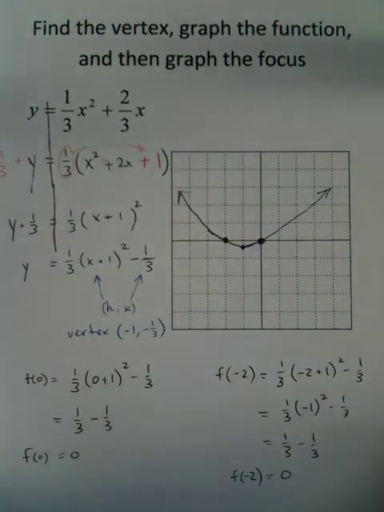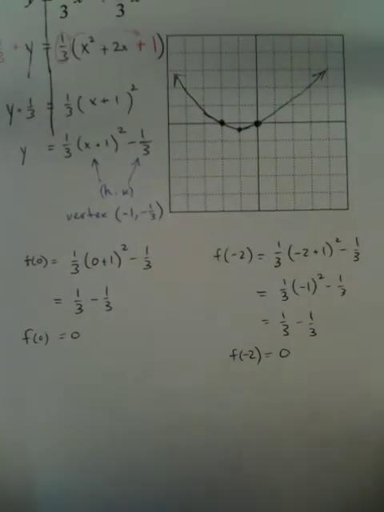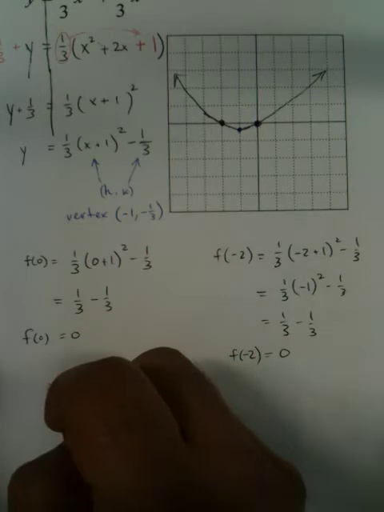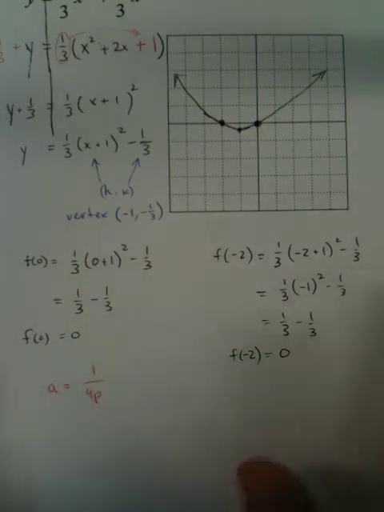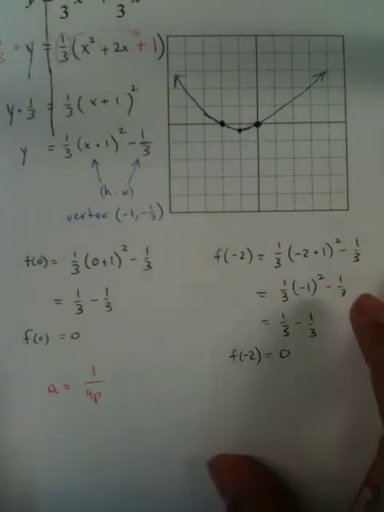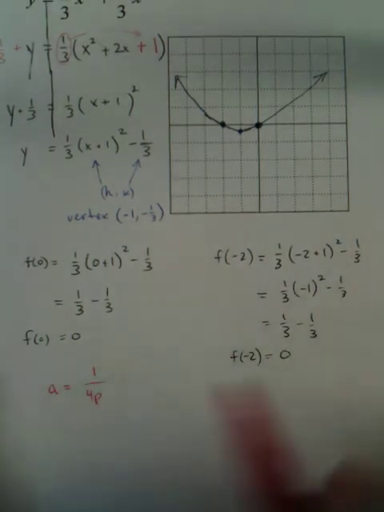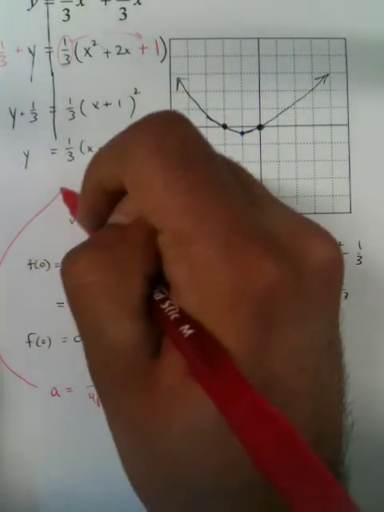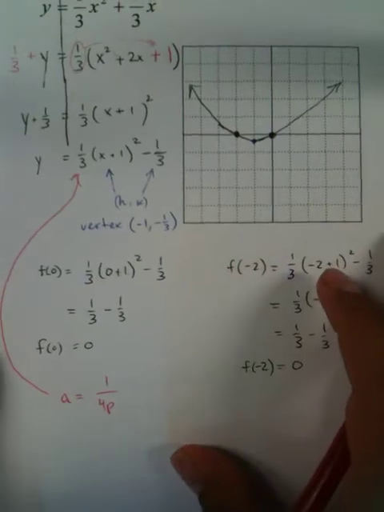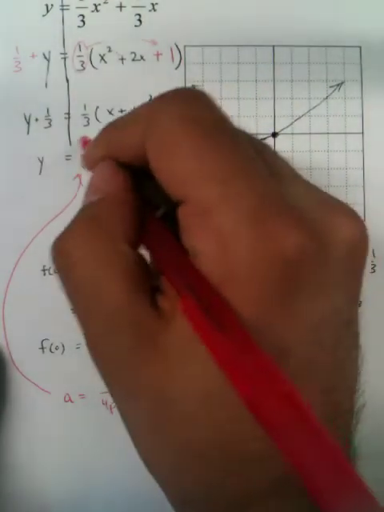So, what you do is you need a formula. The formula you need to use is a equals 1 over 4p. Lots of teachers call it 4c, lots of teachers call it all sorts of things. They might not use a. It doesn't really matter. What matters is you know where a comes from. a comes from this number that's in front of the equation, the 1/3.